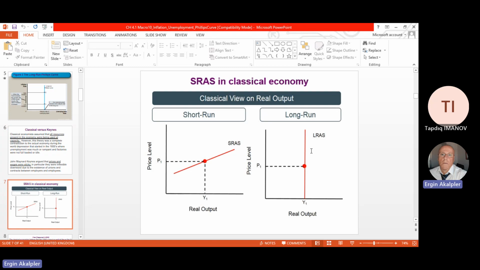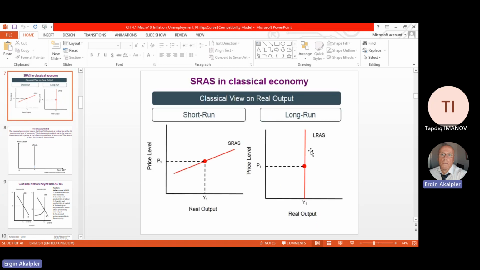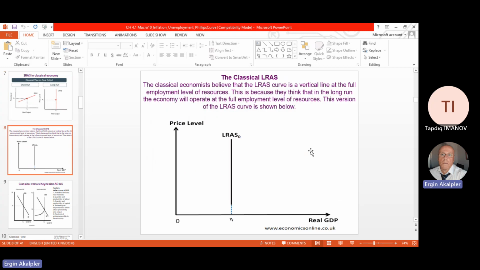In the short run, the aggregate supply curve is effective when the price change is realized. It is supposed that output is increased, but in the long run, the classical view is that output is not affected as you shift the price level. The classical economists believe that the long run aggregate supply curve is a vertical line, because price changes are not effective in the long run, and resources are at their full employment levels.